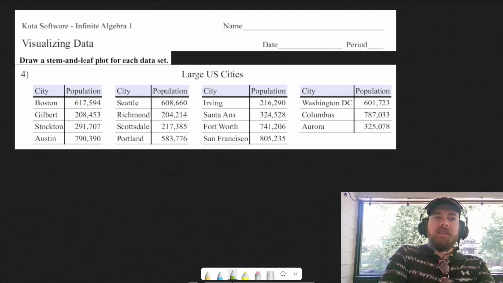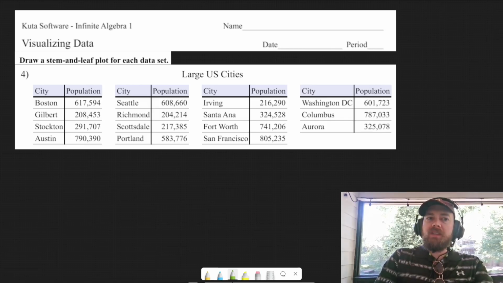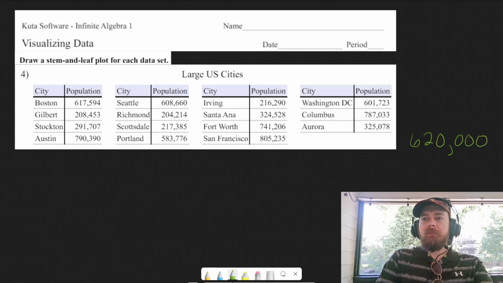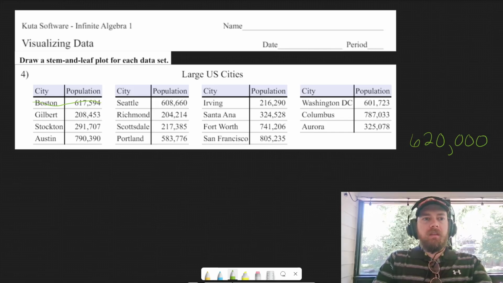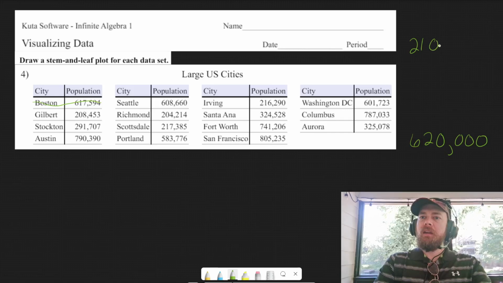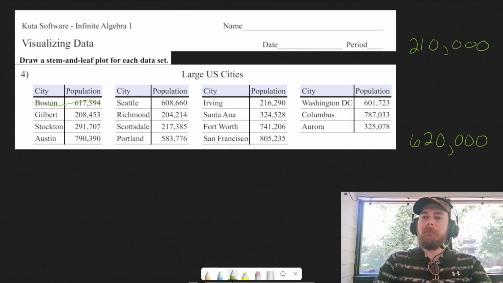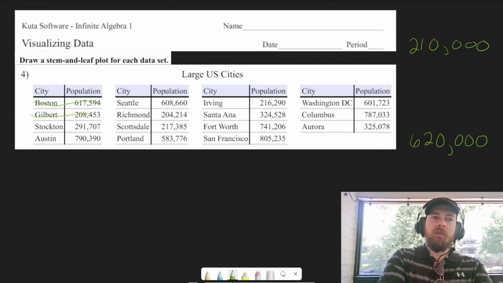For instance, Boston would be 62, 0, 0, 0, 0, or 62 with a 0, thousands. Right, so 620,000. Then we cross these off as we go. And then Gilbert would round up to 21, so 21 and a 0, 0, 0, 0. And then we just keep going like that.